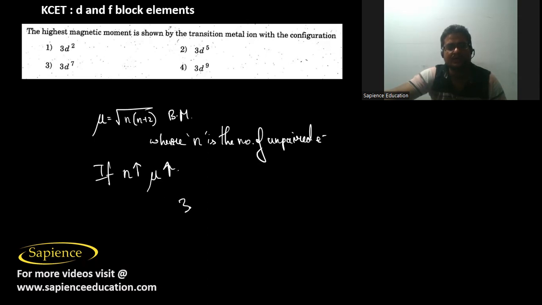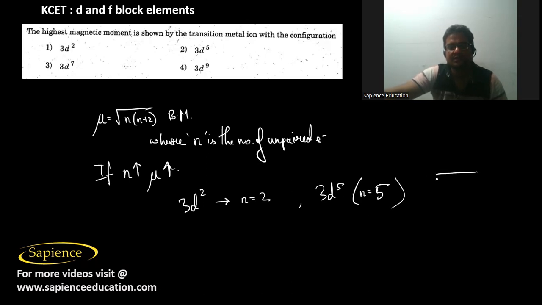In 3d2 configuration, the number of unpaired electrons is 2, and in 3d5 configuration, the number of unpaired electrons is 5, since the 3d subshell has 5 orbitals.